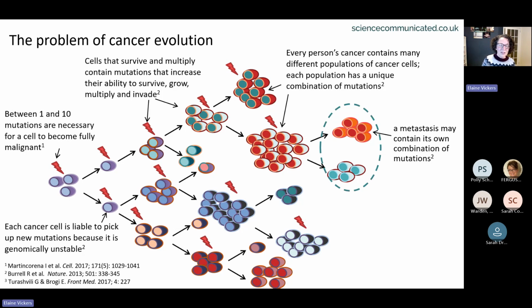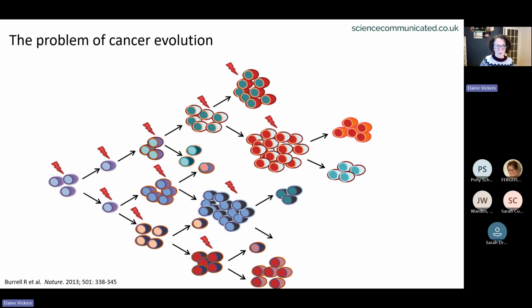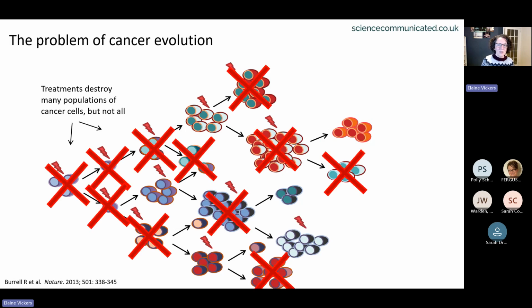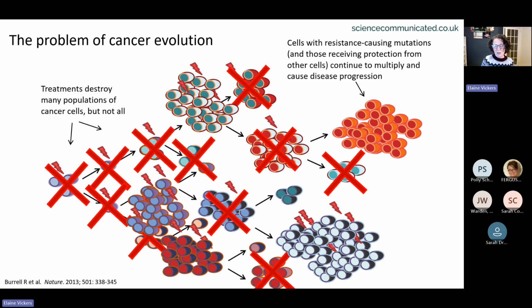So there's diversity amongst the cells in the primary tumor. There's possibly various different metastases, all containing different populations of cancer cells to varying proportions. And it means that whatever treatment we give, there are going to be cells that manage to survive.